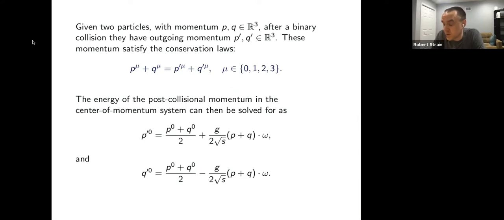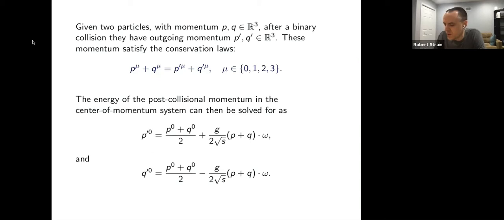You can use these four conservation laws to get the expressions on the previous slide for P prime and Q prime, and you can also derive formulas for P prime 0 and Q prime 0 using these expressions if you get a little creative. And you get these expressions.